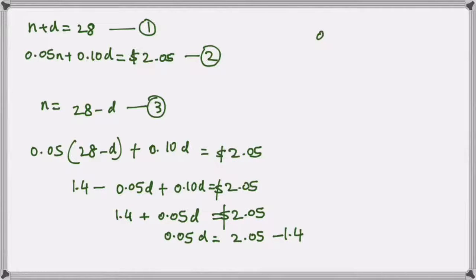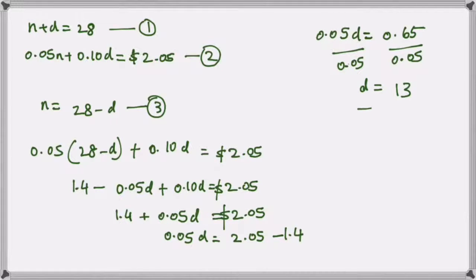So you will get 0.05d equals 0.65. When you divide both sides by 0.05, you will get 13. So d equals 13.